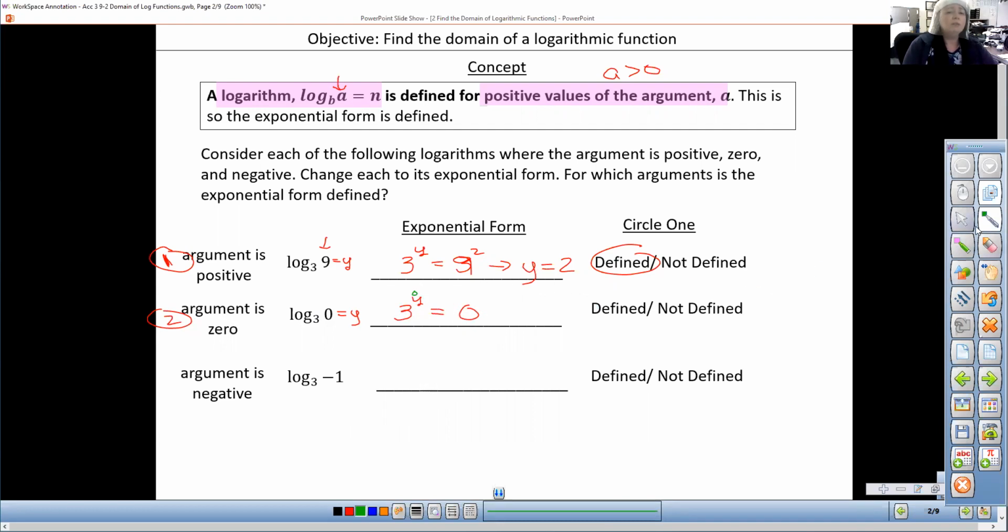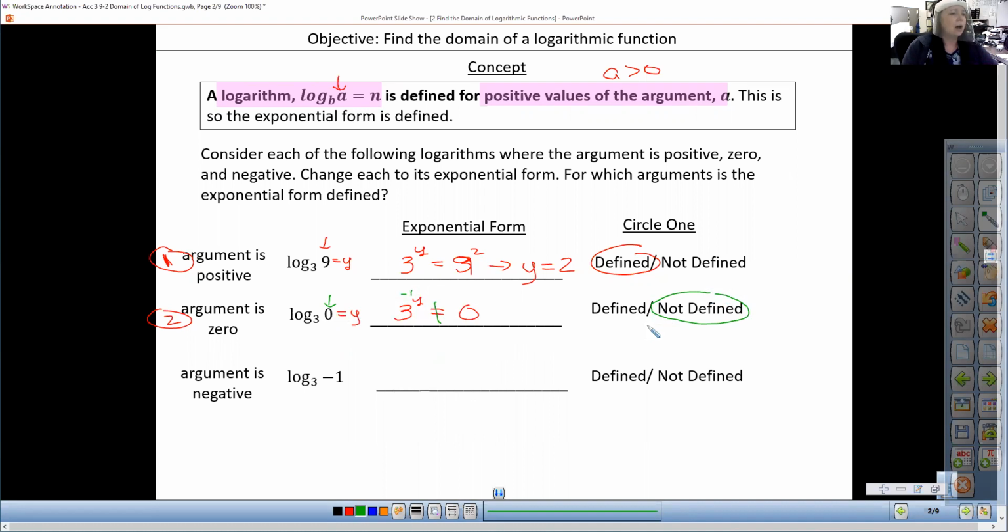And remember, if y is a negative number, that doesn't produce 0 either. That produces ratios, fractional powers. That would be 1/3 if I had an exponent of -1. So there's no way that a power can equal 0, which is our argument value. So when the argument is 0, the logarithm is not defined.